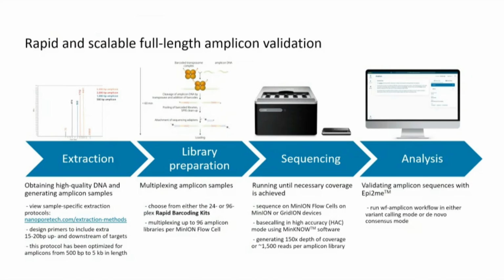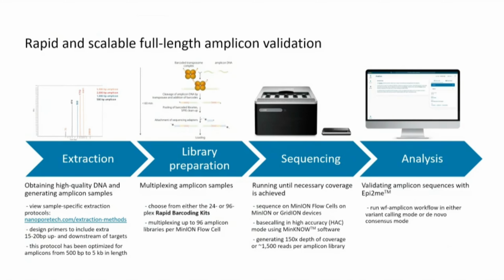Amplicon sequencing is normally carried out in multiple steps. Starting from extraction of total DNA from our samples, we can perform PCR to amplify our target genes or target amplicons. The recommendation is to design our primers to include extra bases upstream and downstream of our targets, because this helps us capture the targets better.